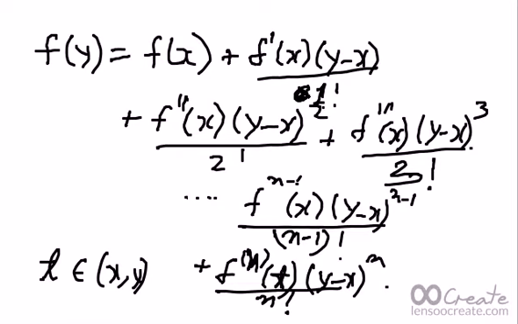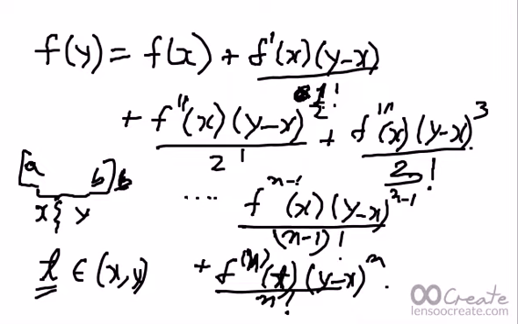Here we have a and b, between them somewhere x and y, and somewhere in between x and y we have t.